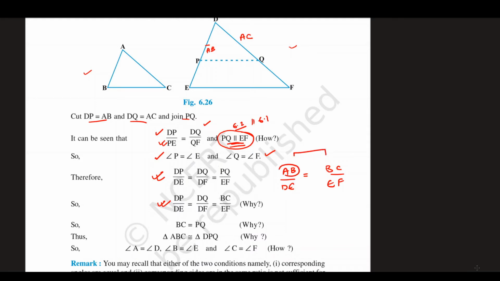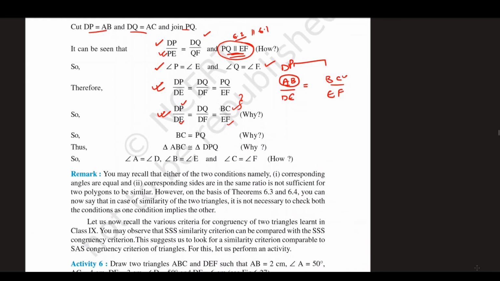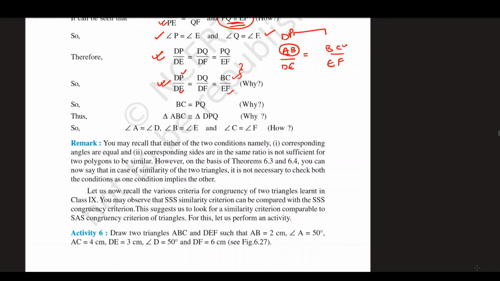Now AB is equal to DP, so DP upon DE is there, then EF is there, and then BC is there. So we have this true. Now we can say that triangle ABC and triangle DPQ are congruent. So BC is equal to PQ, hence angle A is equal to angle D, angle B is equal to angle E, and angle C is equal to angle F.